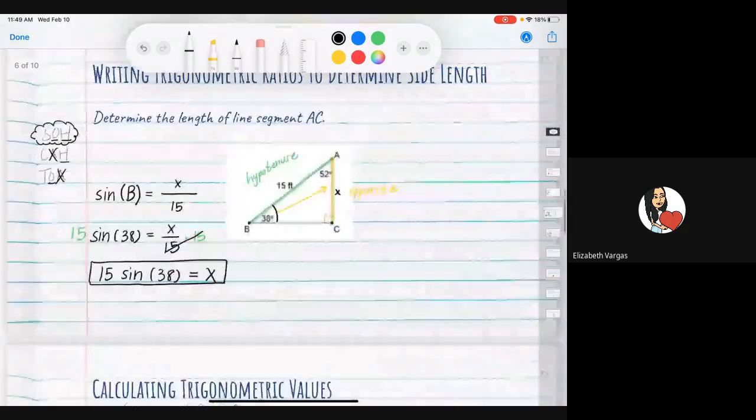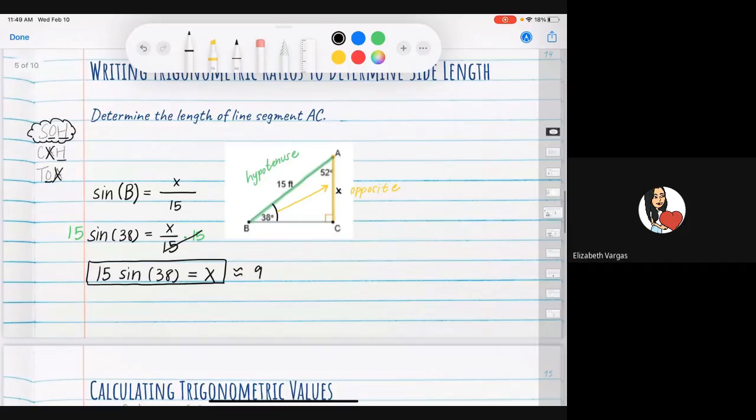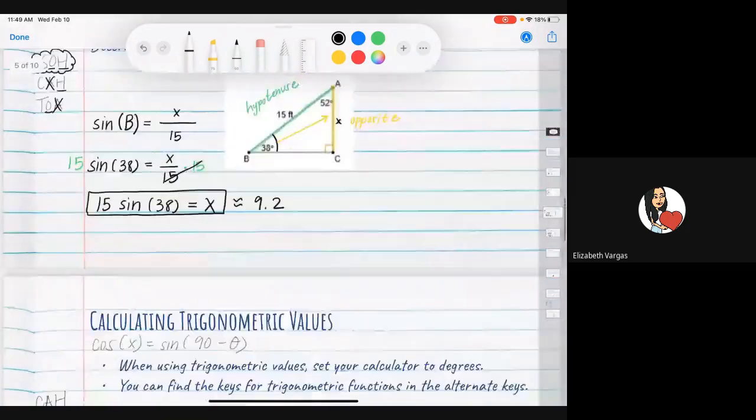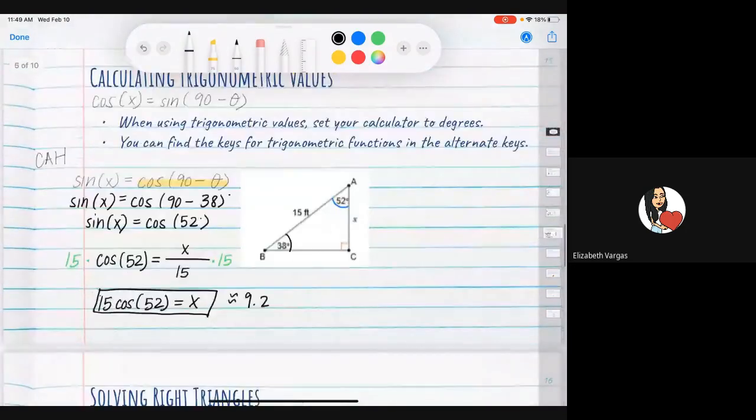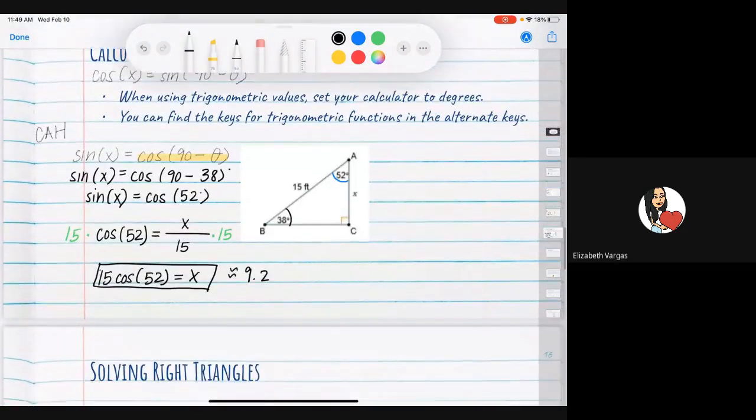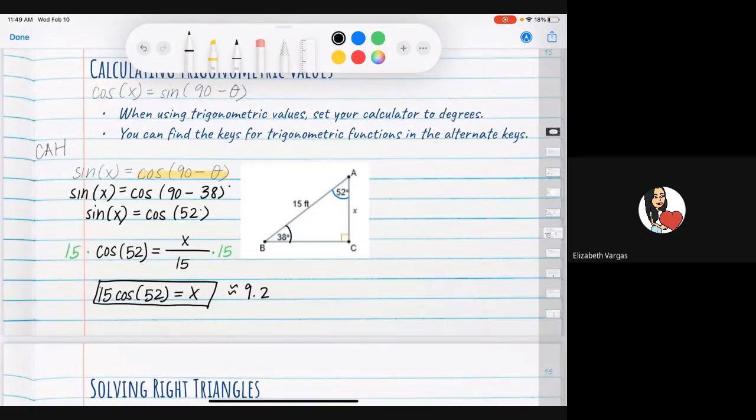And then if I were to plug this into the calculator, I would also identify this is equal to approximately 9.2. So this just shows you that depending on whatever input you have, you can go about solving the problem based on your preference of whether you want to use sine or cos.